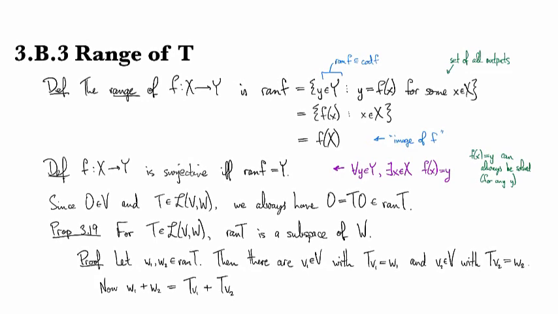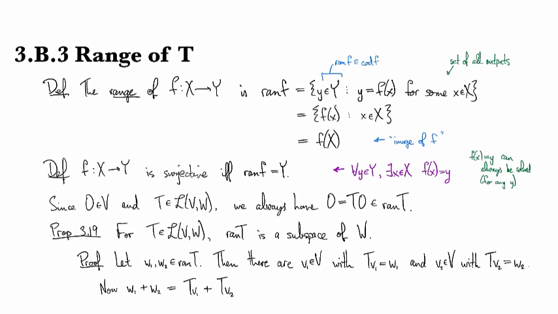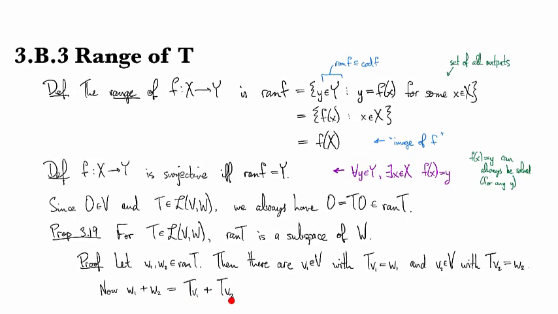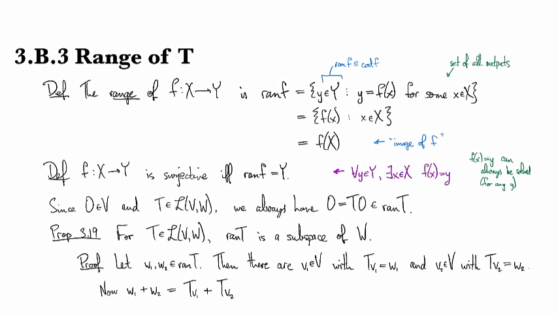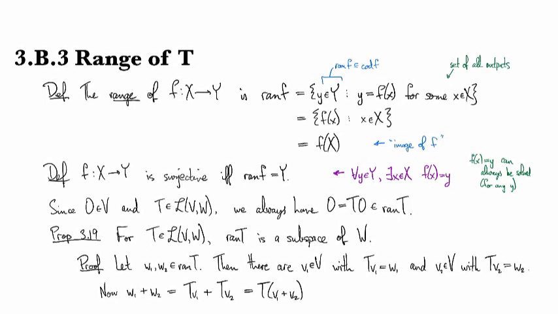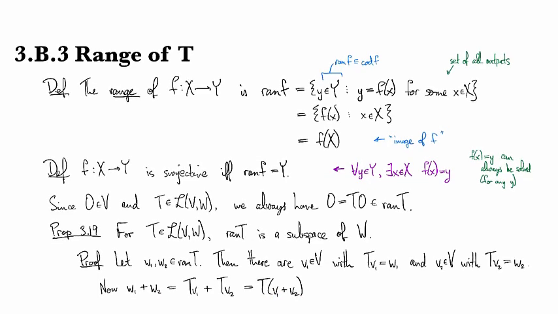We're trying to show that w1 plus w2 is in the range of T, so I want to make this sum look like T of something. And after staring at it for some minutes, you notice, oh, I can use linearity to pull out the T. And now I've got w1 plus w2 expressed as T of a thing. The thing is v1 plus v2. So I win.